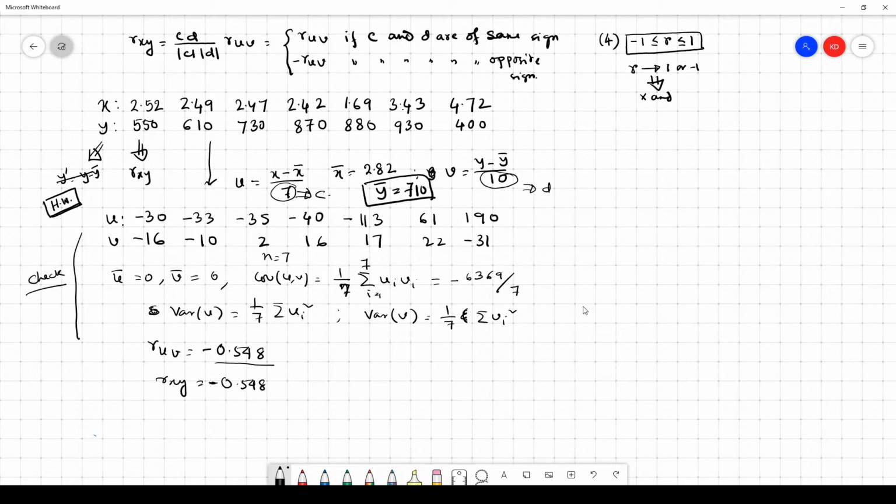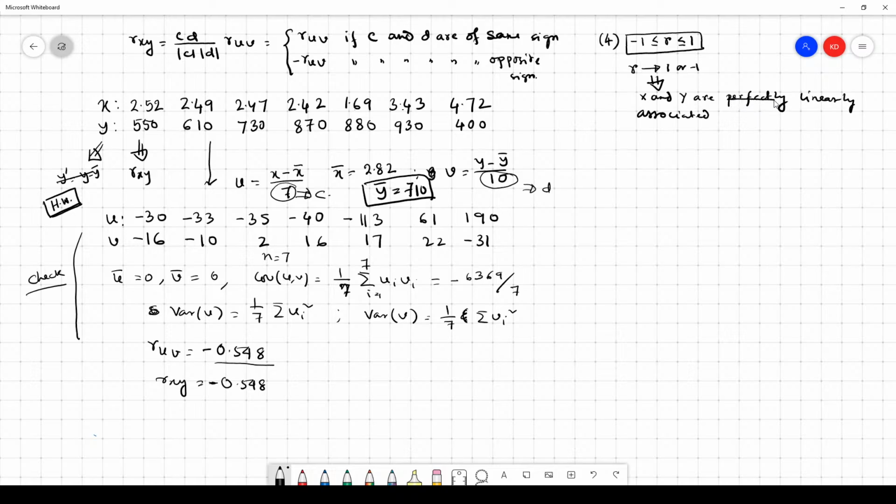So, Shruti, thank you. R being either minus 1 or plus 1 means X and Y are perfectly linearly associated. If R equals 1 or minus 1, this means perfect association.